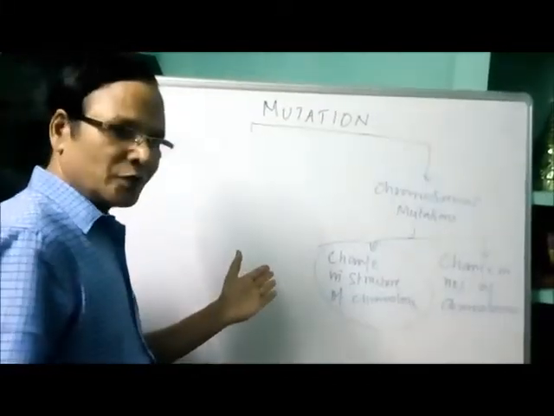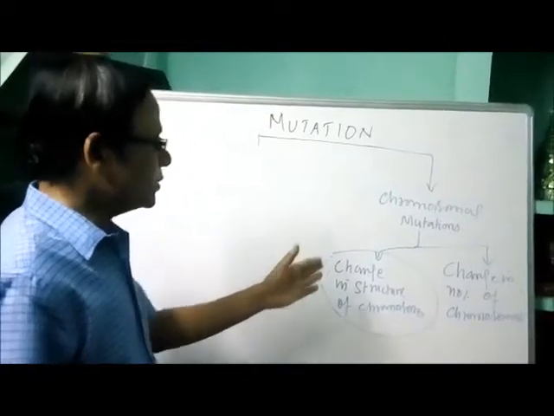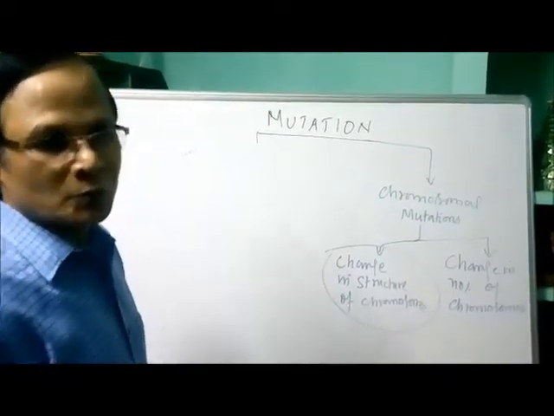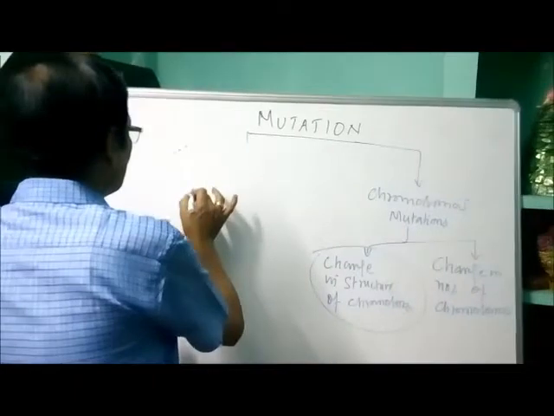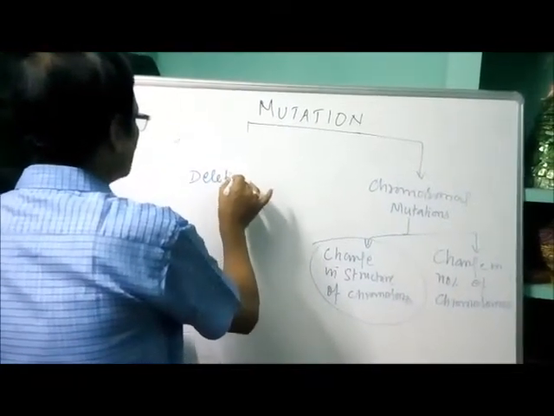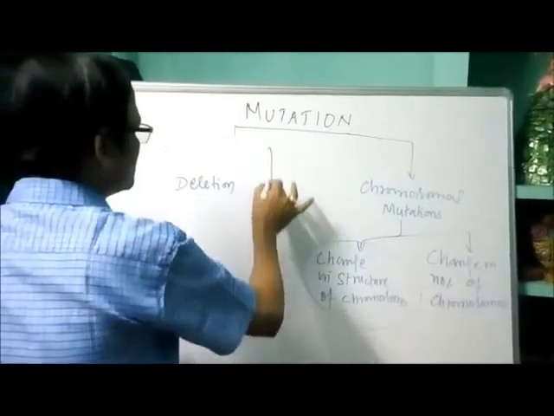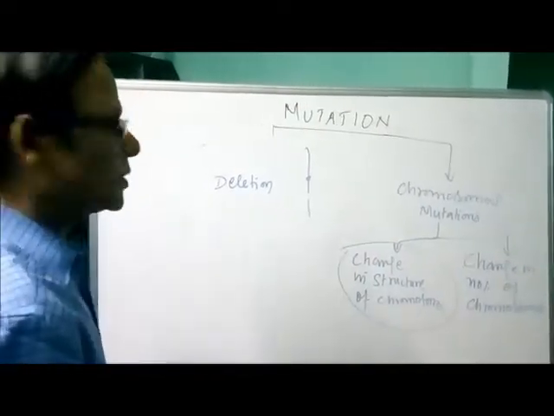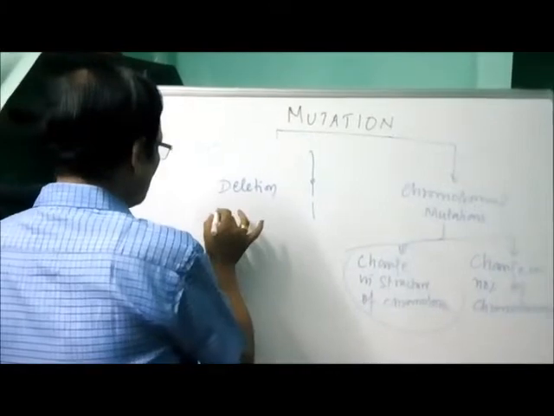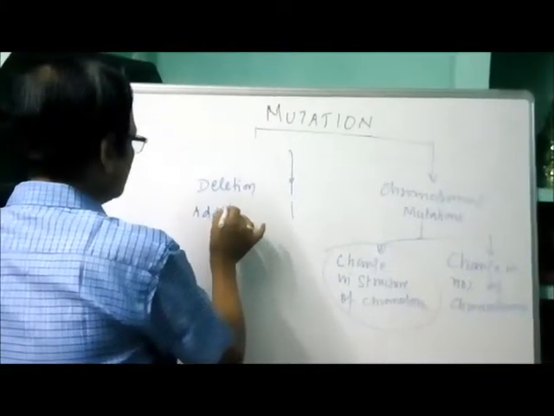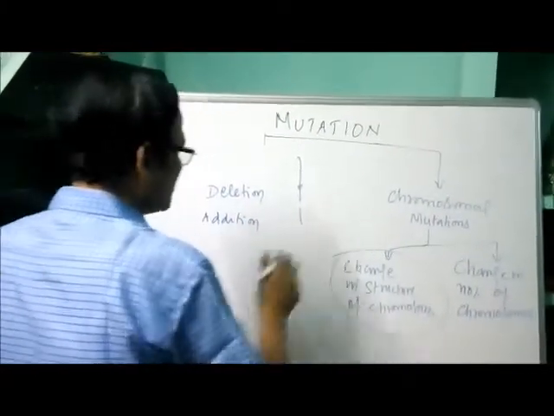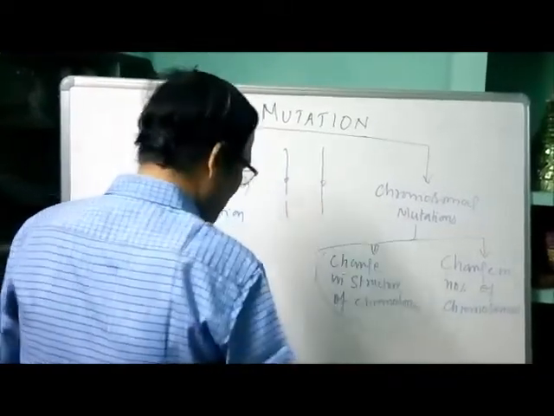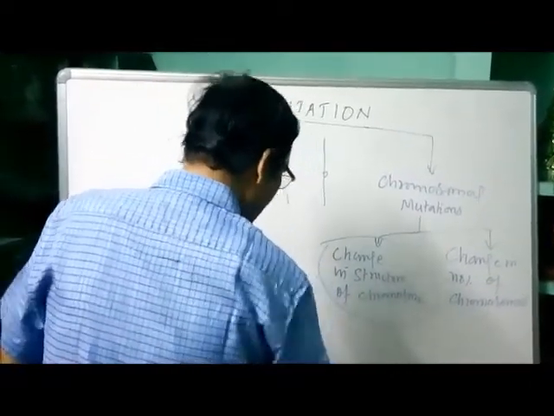Now, what are the different methods by which change in structure of chromosomes occur? It may be because of deletion. If you are taking a particular chromosome, a part of the chromosome is deleted, or it may be due to what is called addition. For example, in a particular chromosome, a piece of chromosome is added.